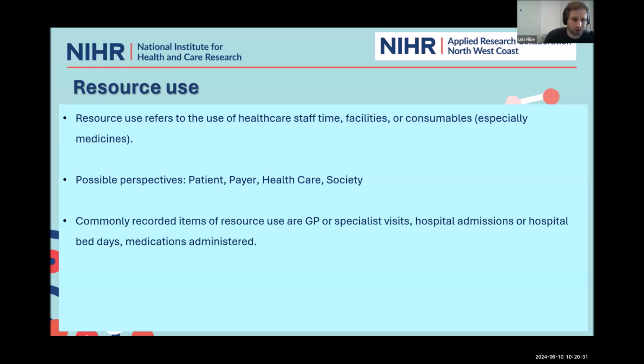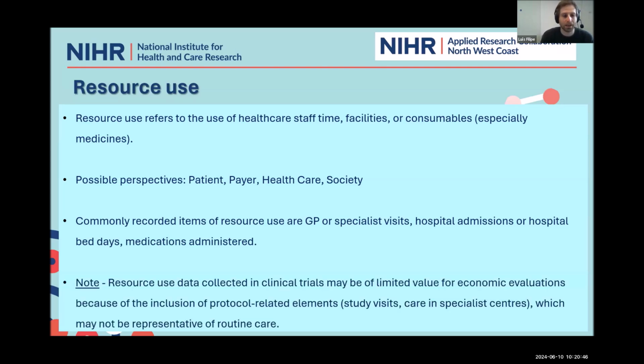Now, Valerio already gave you that. So commonly recorded items of resource use are usually visits to GP, specialist visits, hospital admissions, hospital bed days, medications administered, etc. A lot of the time, in the context of an economic evaluation, when you are trying to compute resource use, you will see whatever has been used in a randomized control trial.